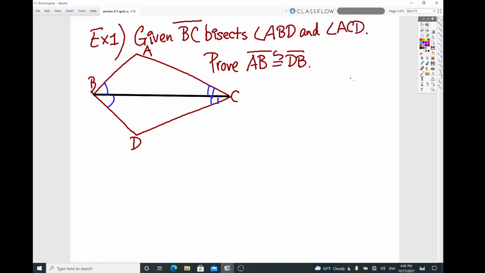Now let's start off with the two-column proof, statements and reasons.